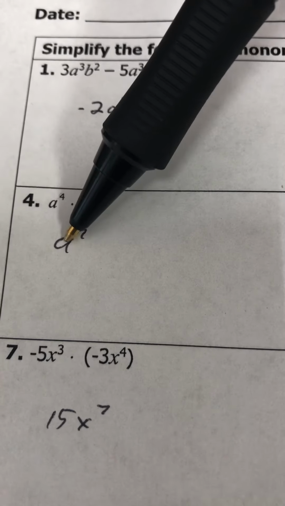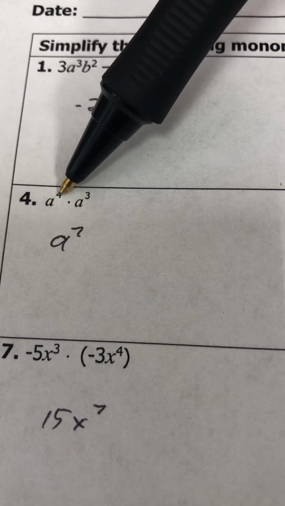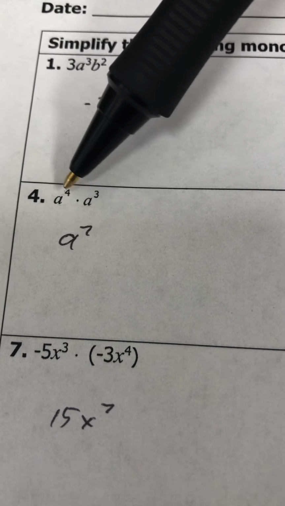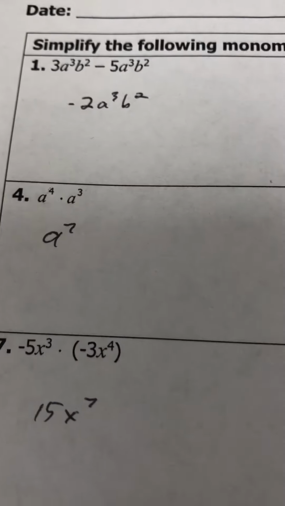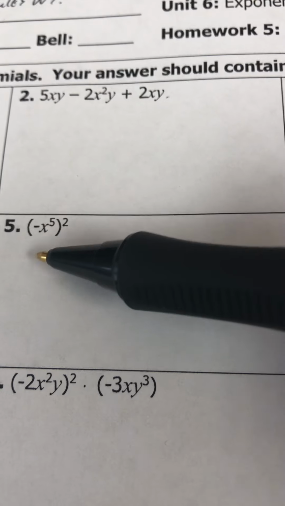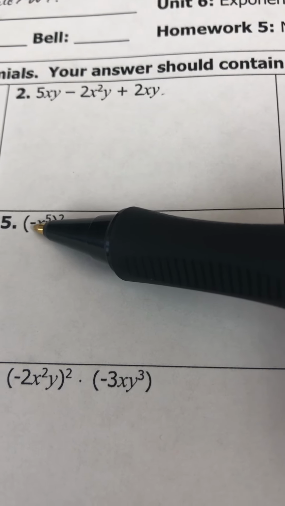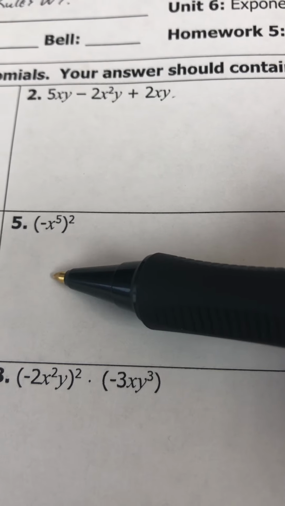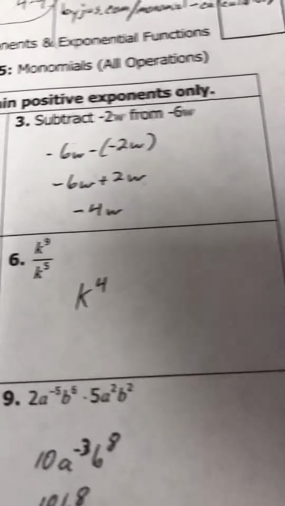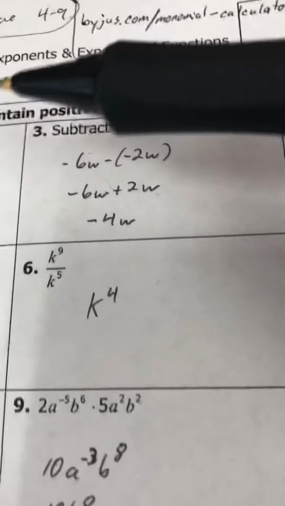When you multiply terms, the a just stays a, and then you add the exponents when you're multiplying. So 4 plus 3 would be 7. Right here you're just adding, so you're still going to have that negative, so this is actually a negative 1, so change that to a positive, and then 5 plus 2 would be 7, because when you square a negative, it becomes positive.